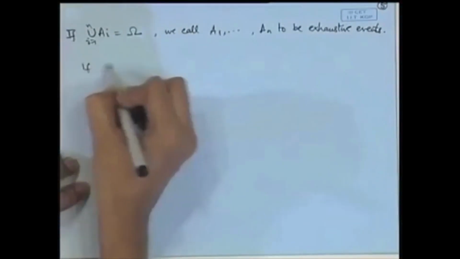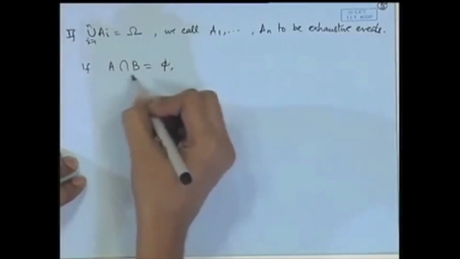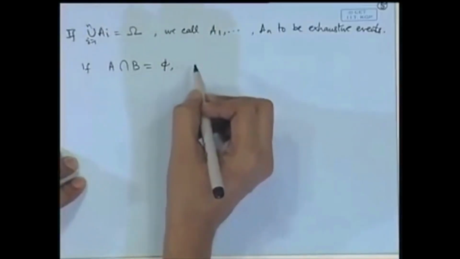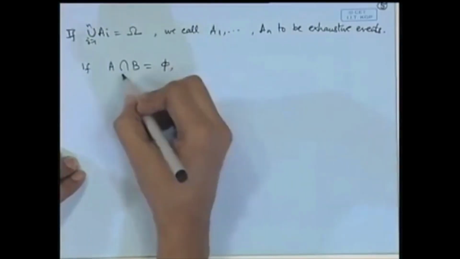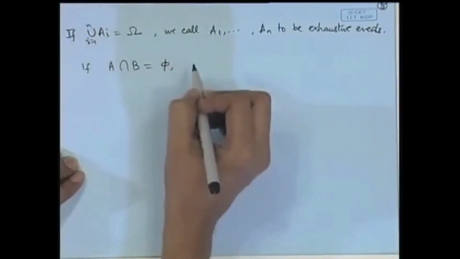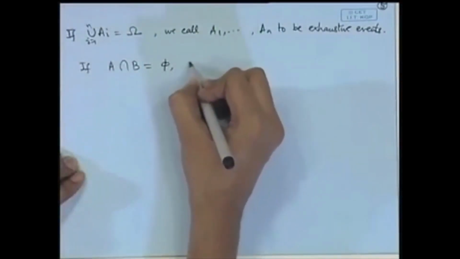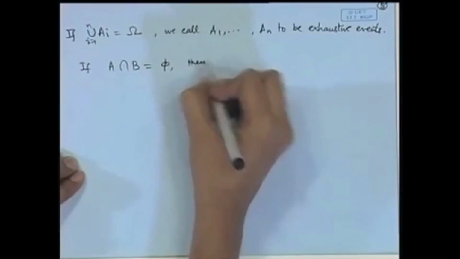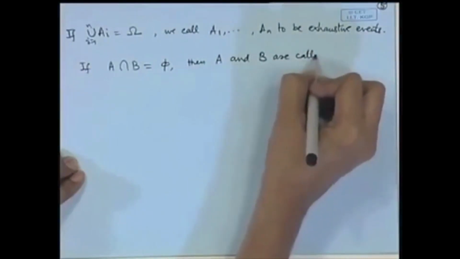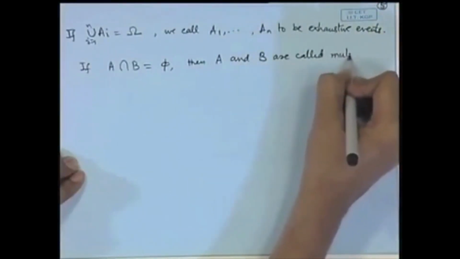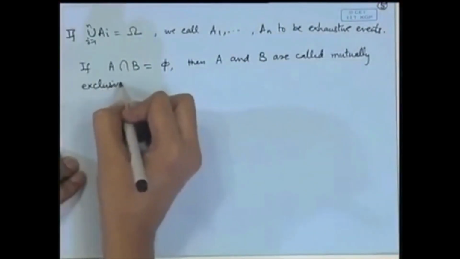Similarly, if A intersection B is equal to phi, now in set theory this means disjoint sets. In probability theory, A intersection B equal to phi denotes that the events A and B cannot occur together. They are called mutually exclusive events.